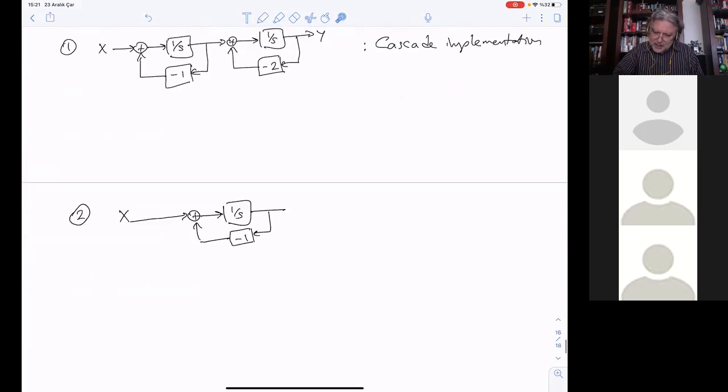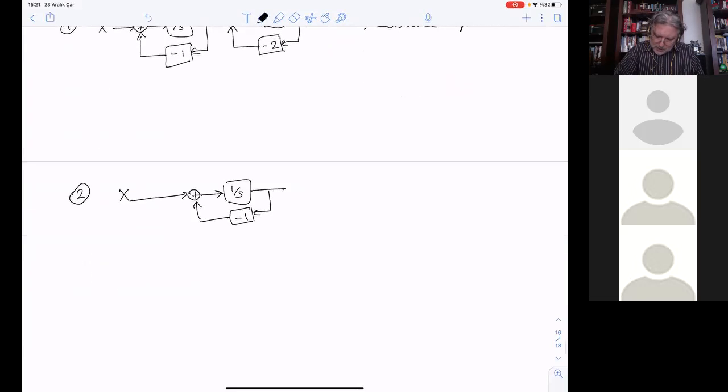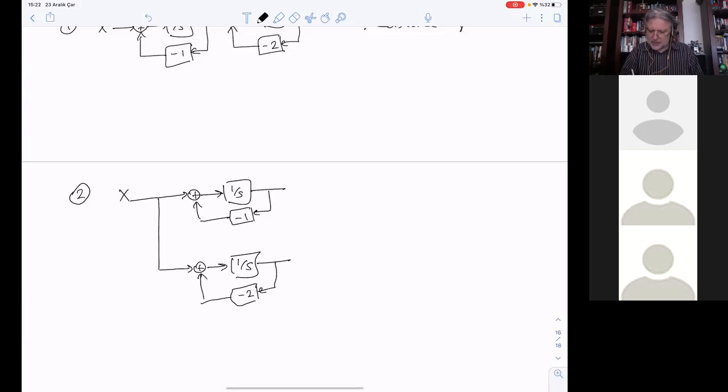And now I take one branch from the same x and implement 1 over s plus 2. Like this. And now I subtract the output of the second, the lower system, from the upper one by putting a minus sign here.